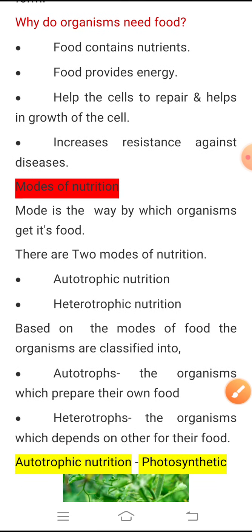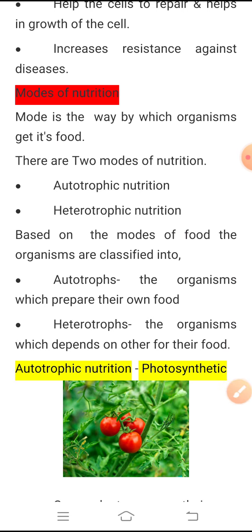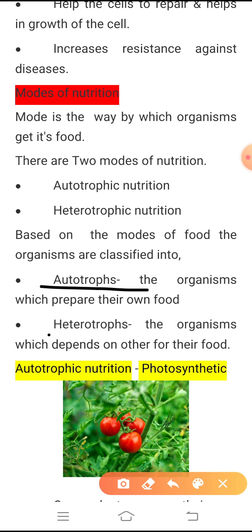So what are autotrophs? What are heterotrophs? Let me discuss. Based on these modes of nutrition, the organisms are classified into autotrophs and heterotrophs. Fine. Then what are autotrophs? The autotrophs are the organisms which prepare their own food.